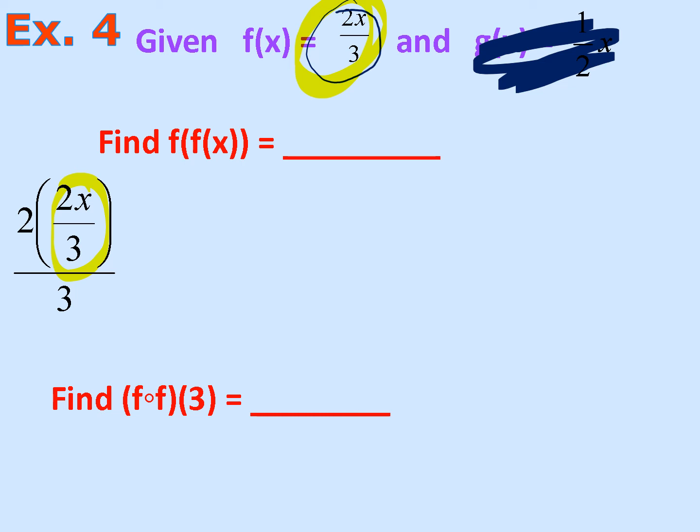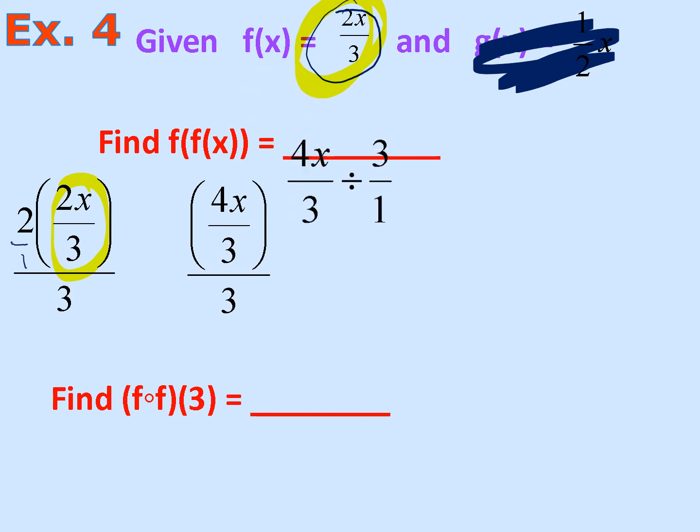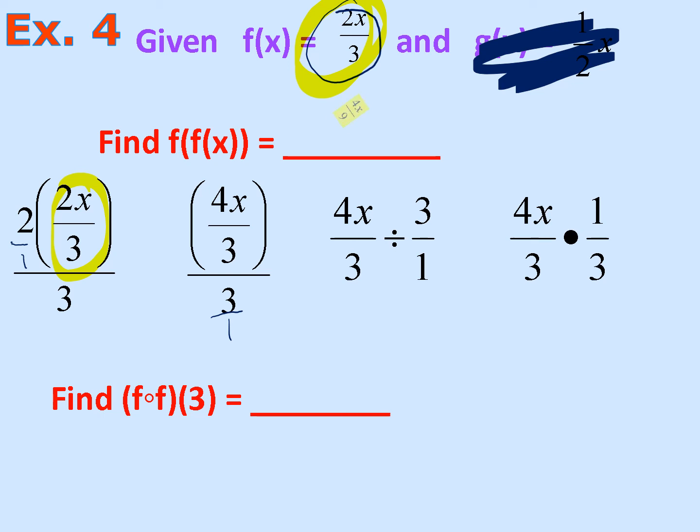So this guy, he gets put over 1. And that gives me 4x over 3 over 3. Well, I can write that as a prettier division problem as 4x over 3 divided by 3 over 1. So dividing fractions, don't ask why, flip the second and multiply.